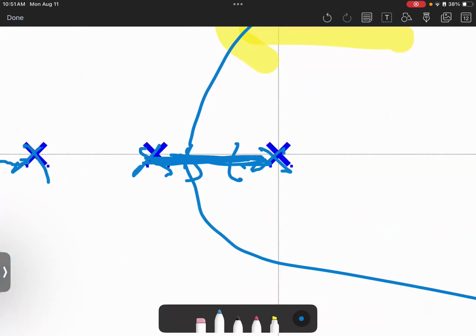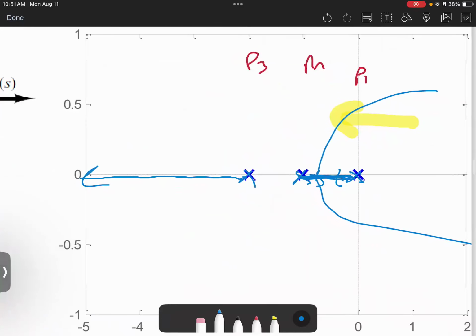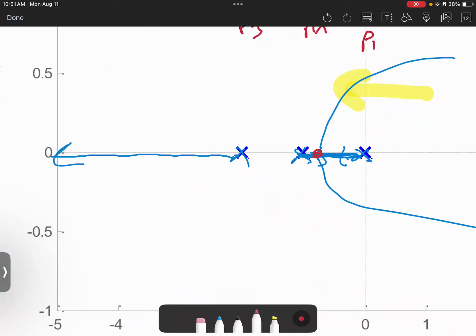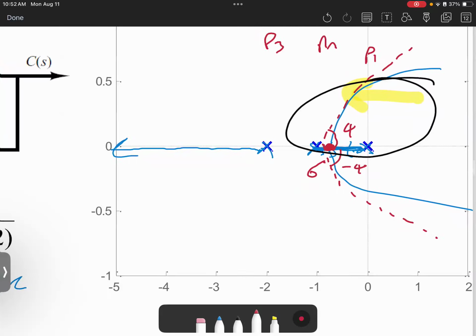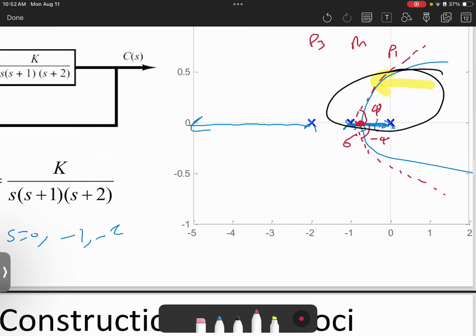I would say here, for example, we know that there will be an intersection here. That point of intersection we'll call sigma. And for the angle of the intersection, we draw straight lines, so we say the angle here is psi and the other angle is -psi. So how can we determine the angle and the point of intersection?